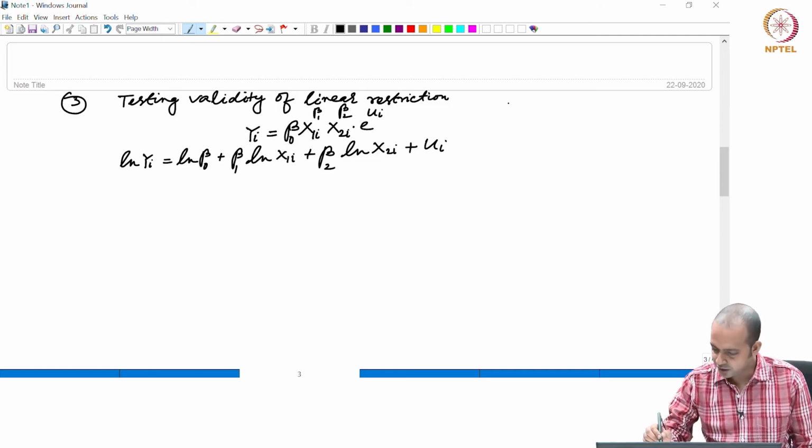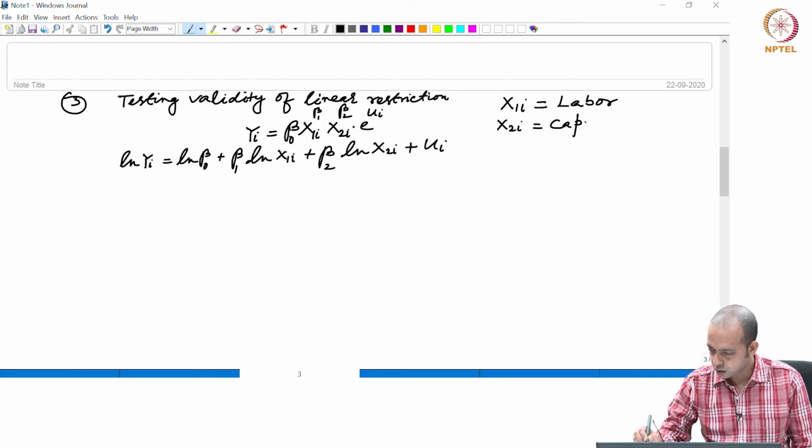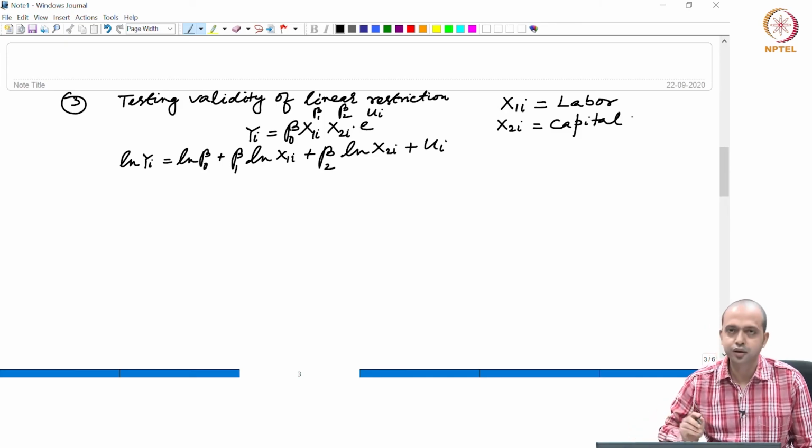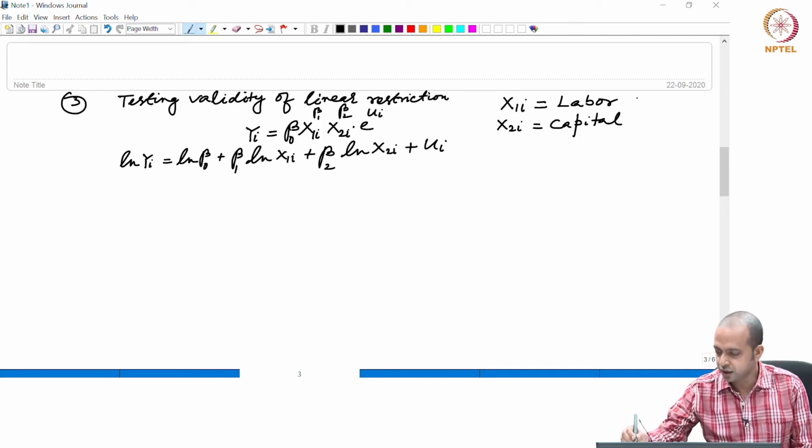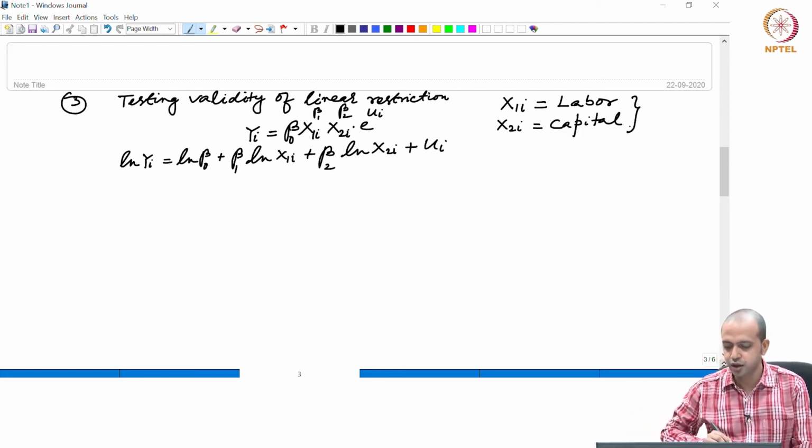where x1i equals to labor and x2i is capital. How have we defined here? x1i equals to labor, x2i equals to capital. These are the 2 factors of production we are using in the production function.